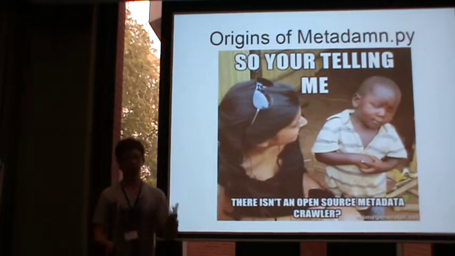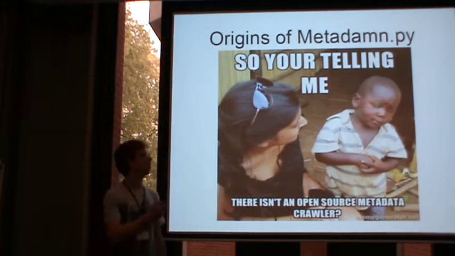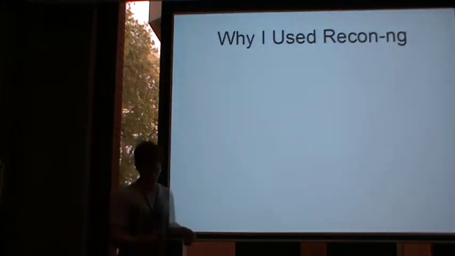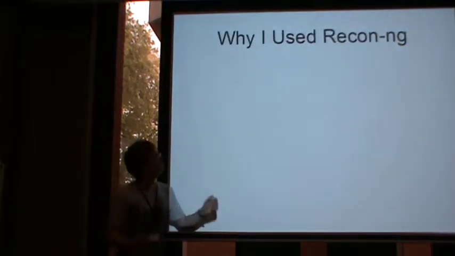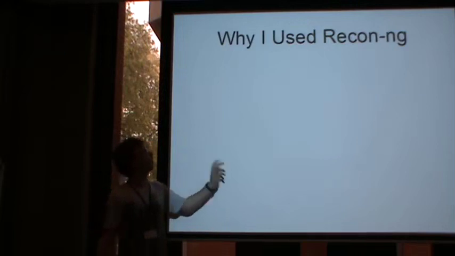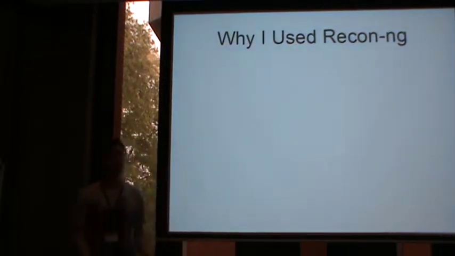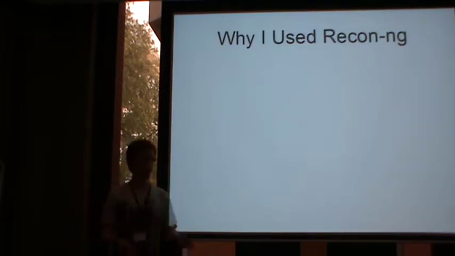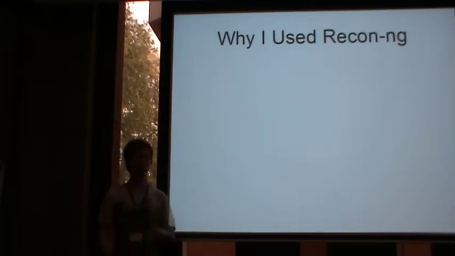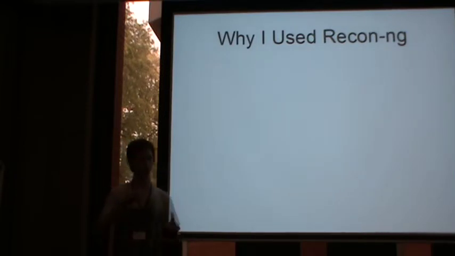So I spoke to Rob, and we started talking about what other things we can do. So he and I decided... there was meant to be an image here. I'll just show you a demo later. But essentially, I decided to use Recon NG because it's open source, it's modular in nature, and if I want to expand it later on, it will allow me to incorporate the features of other modules.